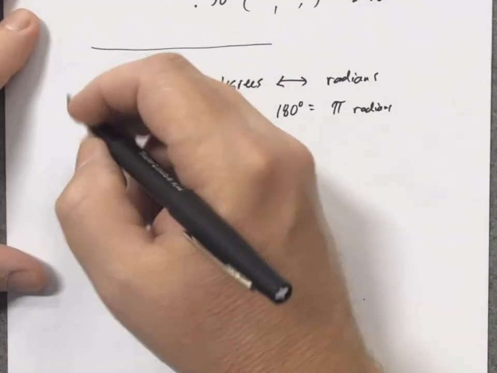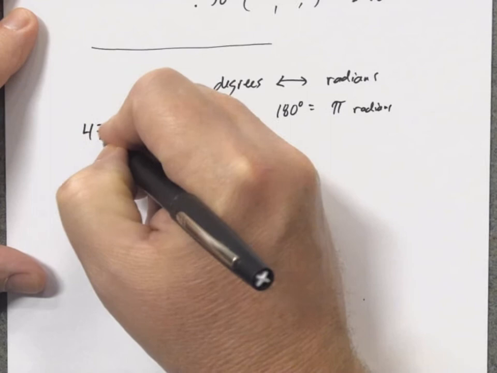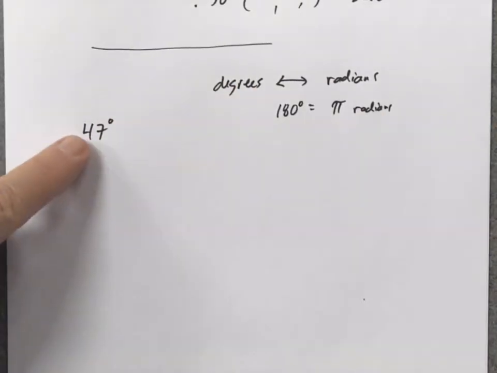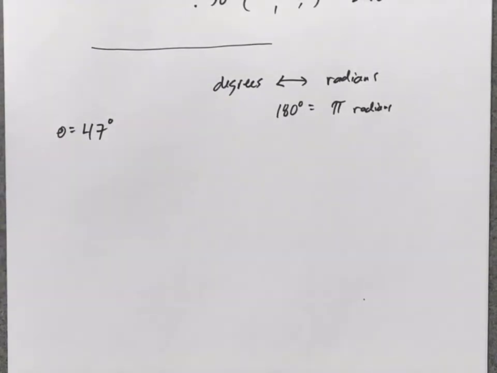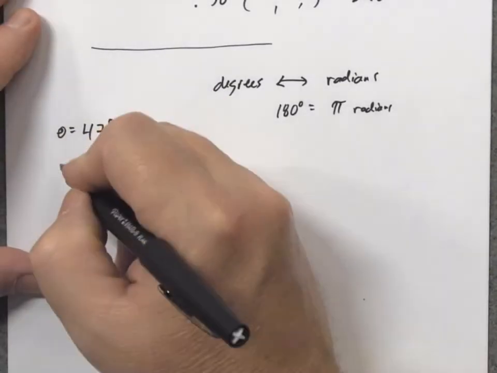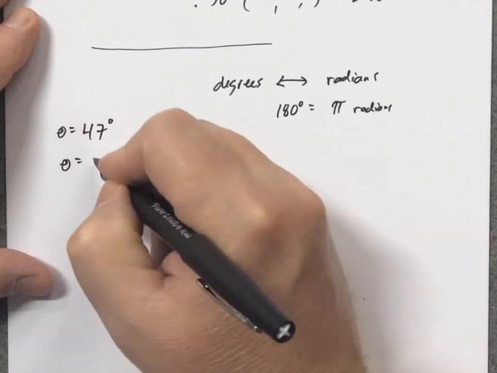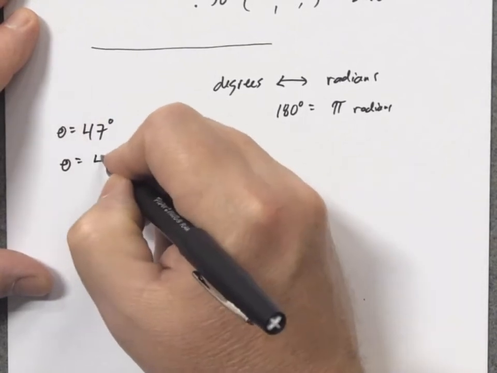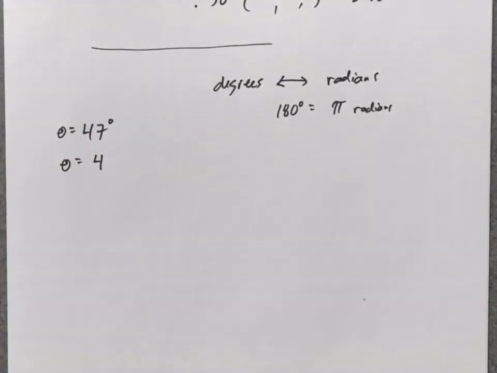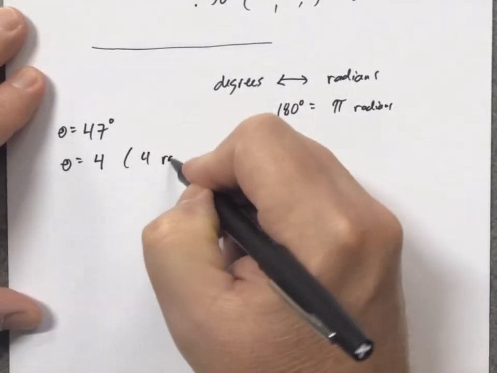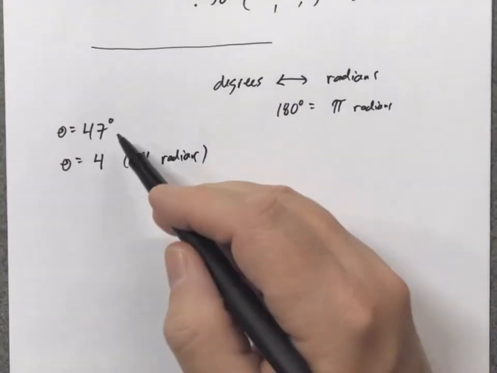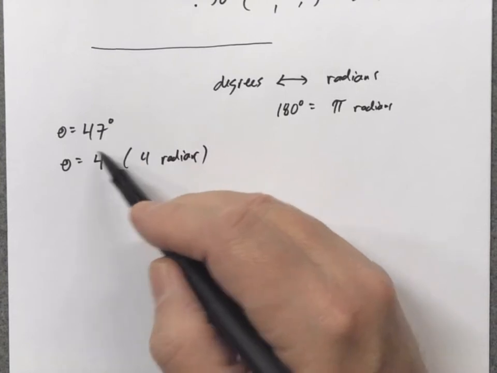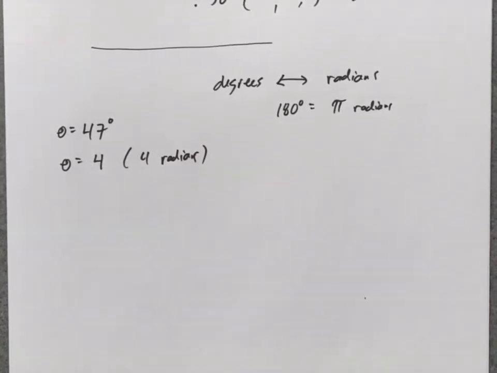So for example, there's a 47-degree angle for theta. But if you ever see this, theta equals 4, what that really means is 4 radians. If the little degree symbol's not there, then you know that the angle is actually in radians.